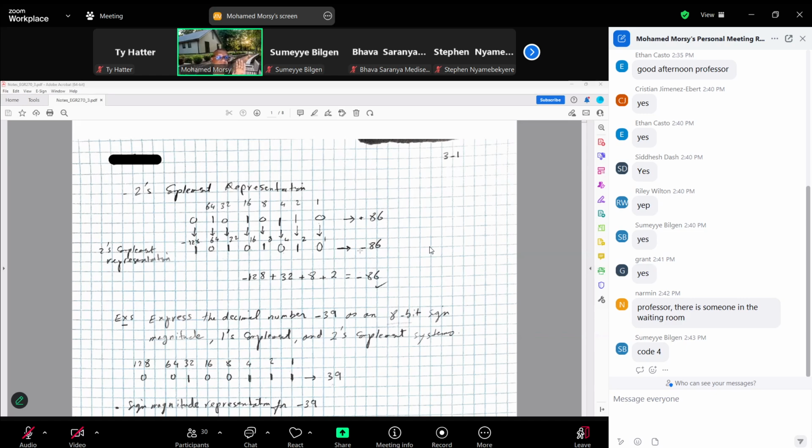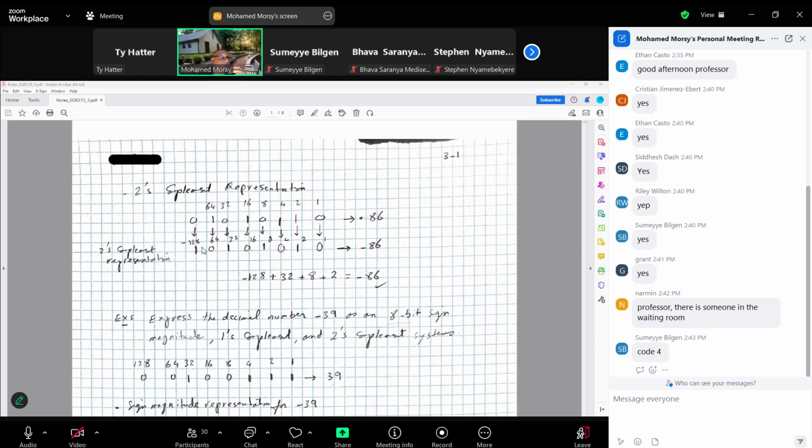To check, this binary representation here, in the two's complement format, represents the negative number of 86, minus 86. How do we check if these binary bits correspond to minus 86? Again, put the weights: 1, 2, 4, 8, 16, 32, 64.